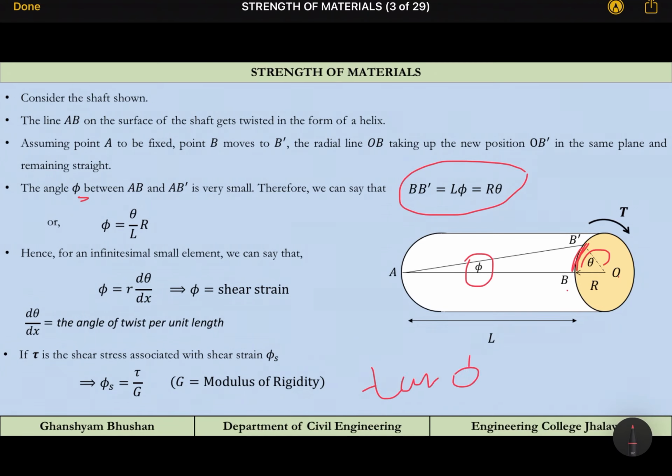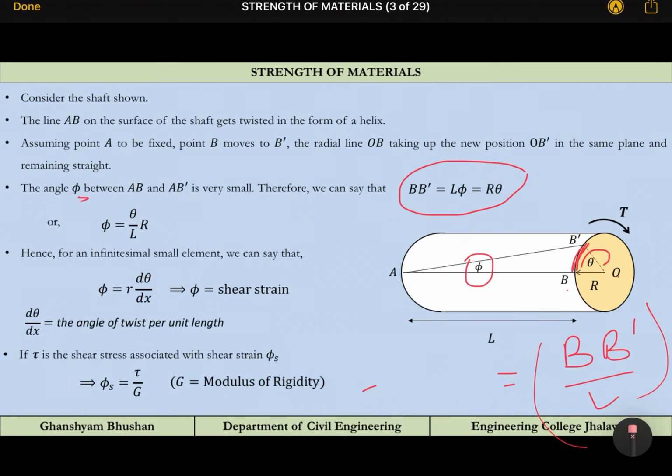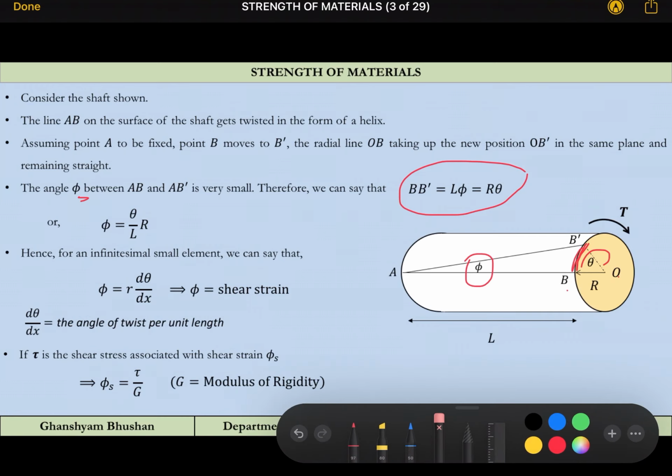Tan phi will be BB dash by L, if we are taking BB dash as straight, because for a very, very small angle BB dash appears to be straight. Just to make you understand, I am showing it like a curve, but actually we can idealize this to a straight line. For smaller angles tan phi is equal to phi, so phi will become BB dash by L.